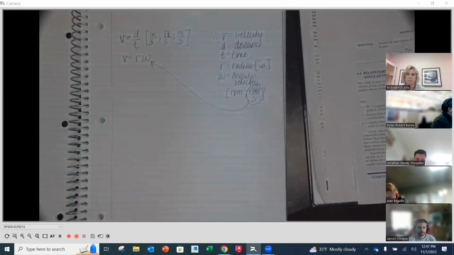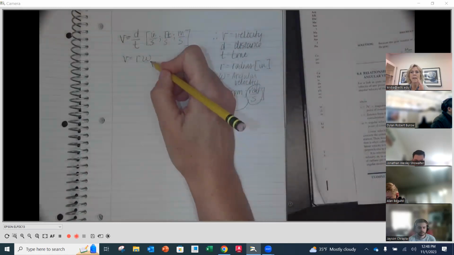It has to be. So if we are given RPMs, like how fast is the straight line velocity of something sitting 2 feet from the center of a rotating disc going 10 RPMs, before we can put it in this equation, we have to convert to radians per second. So we'll be practicing that in just a bit, okay?